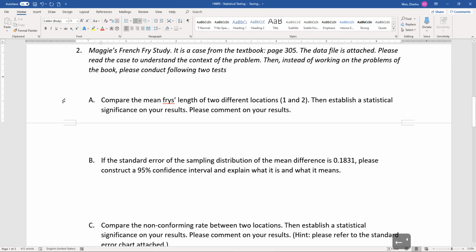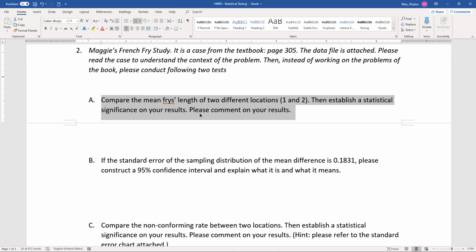Basically I'm asking you to do a t-test on this particular situation so that you can arrive at a conclusion about whether these two locations have the same length fries.